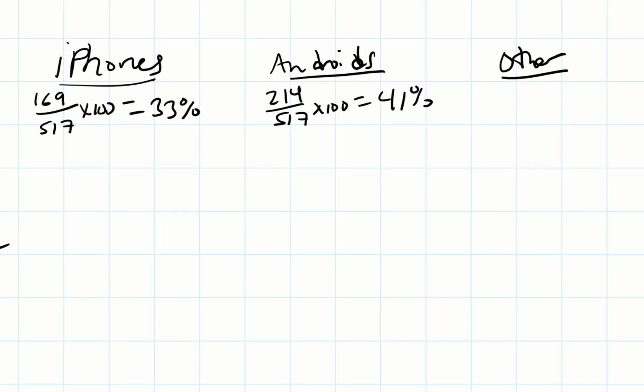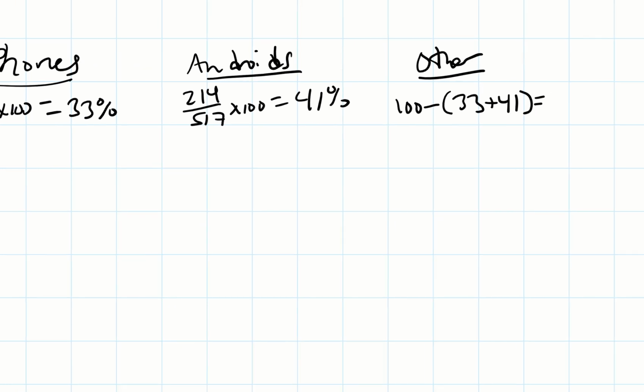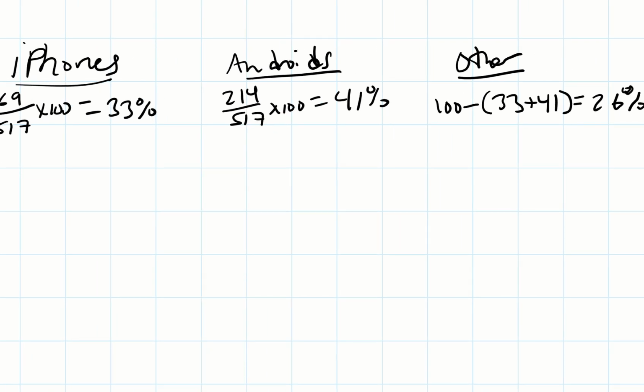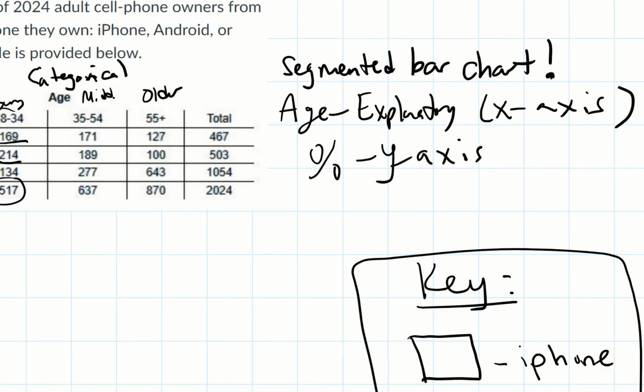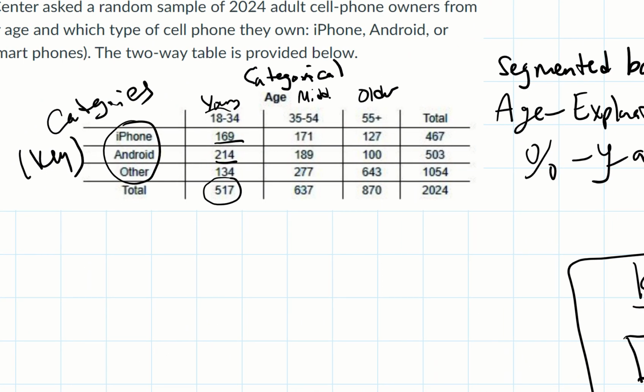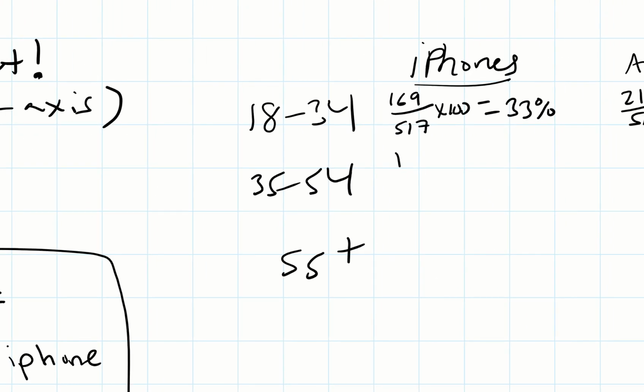So 33 plus 41 is 74. So 100 minus 74 is 26%. We'll guesstimate that it's 26% based off of the other two. All right, you could do that. Now for the 35 to 54 age group, how many of them use iPhones? This is the 35 to 54 age group, 637. 171 use iPhones.